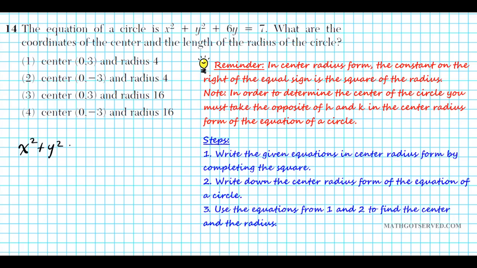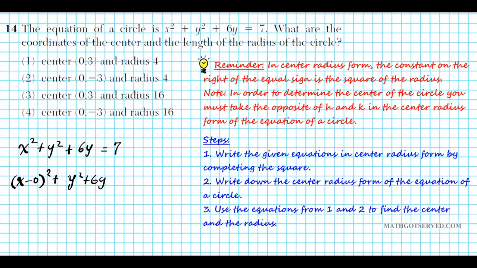So x squared plus y squared plus 6y equals 7. So first step is to express the x's and the y's as perfect squares, okay? So x is already a perfect square, so I can write this as x minus 0 quantity squared. Y is not, so we have y squared plus 6y.